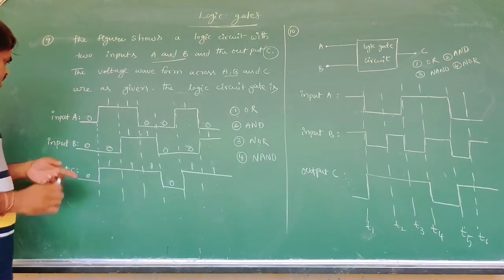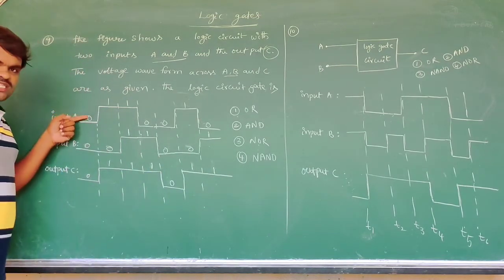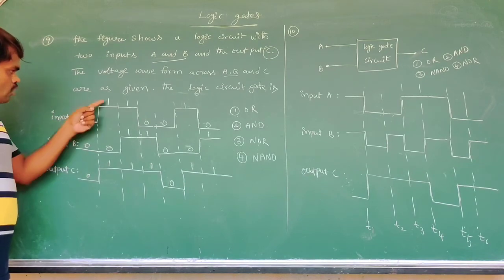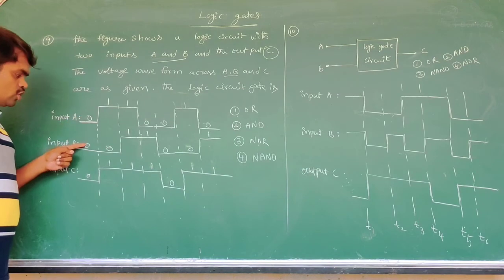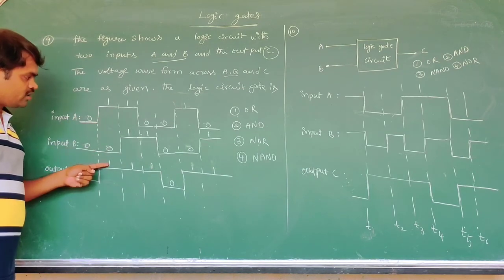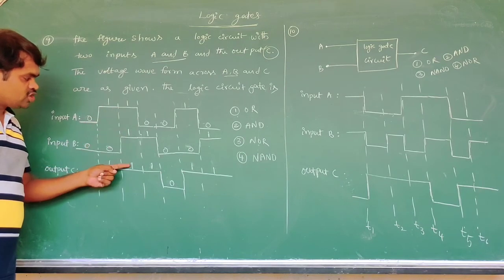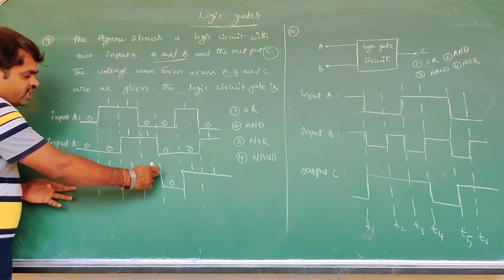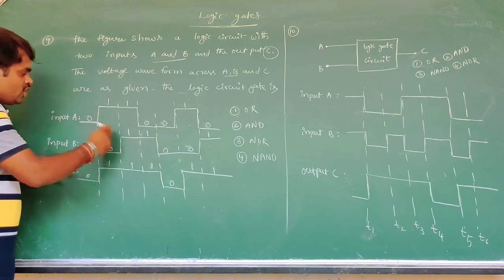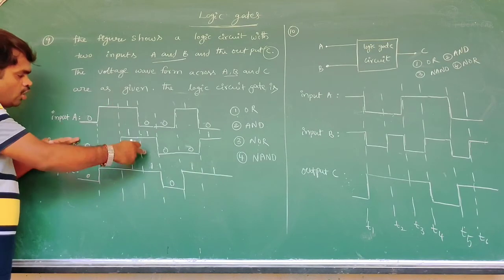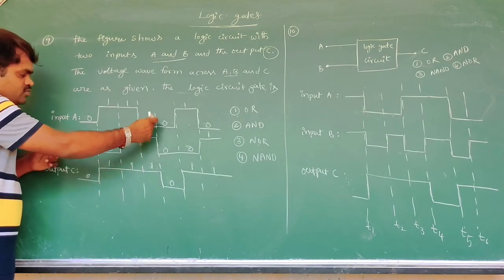Now we can observe that 0, 0 gives 0. 1, 0 gives 1. 1, 1 gives 1. 0, 1 gives 1. We can observe that the inputs are 2 and the possible outputs are 4.